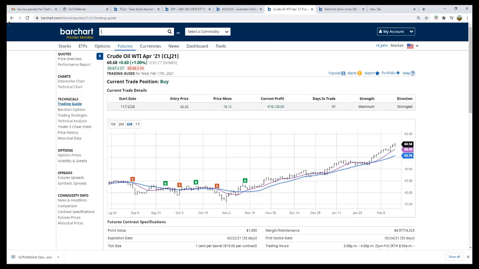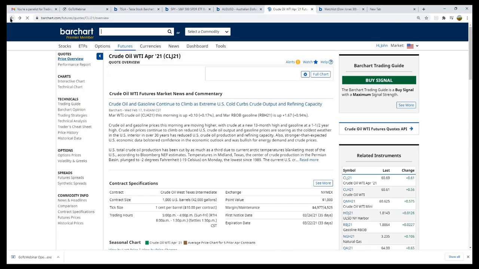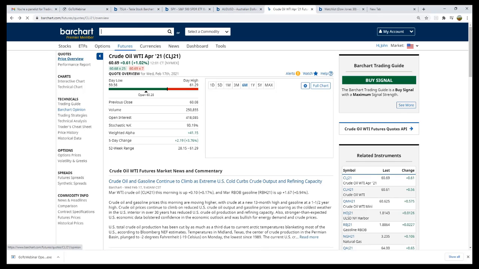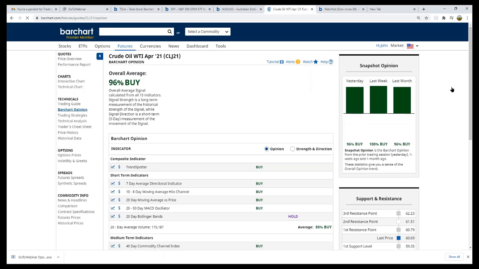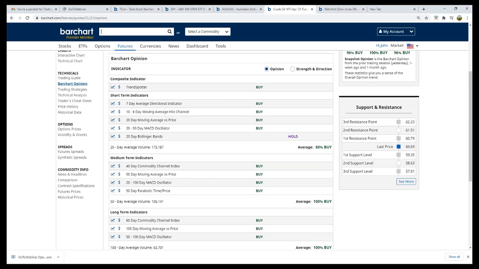Let me go back to our Barchart opinion signal. When we look at futures, you'll notice that our time frames are a little bit different, 100 days being the longest, but also the actual indicators themselves are a little bit different in the futures section.